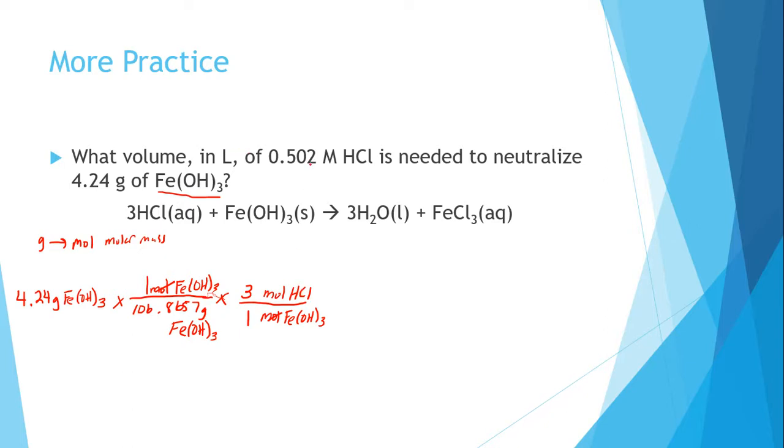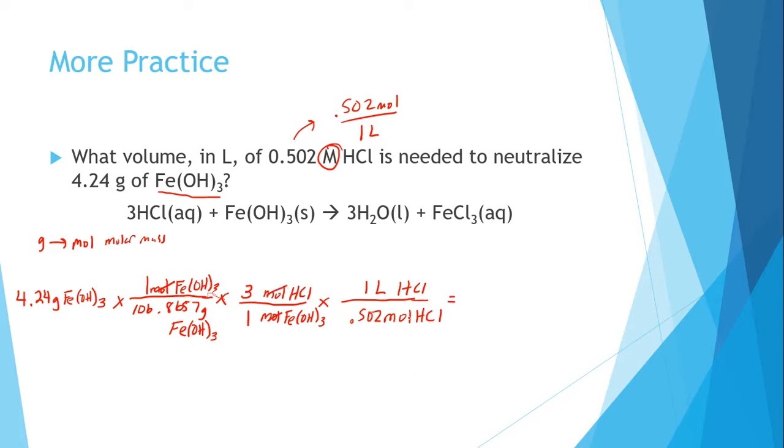But I want liters of HCl. So the only way to get to liters of HCl is to use molarity. Remember, this is written as 0.502 moles over 1 liter. So if I want to cancel out moles, it has to go diagonal. So that 0.502 moles has to go on bottom, and then 1 liter up top, and these are both HCl.